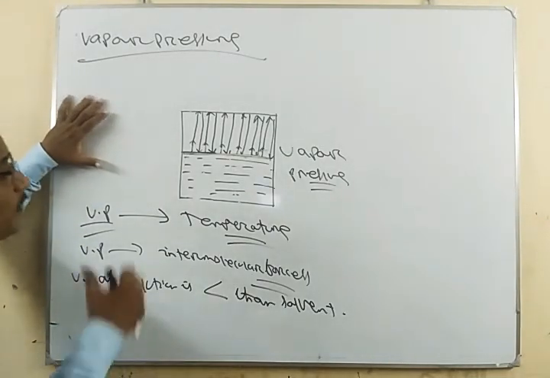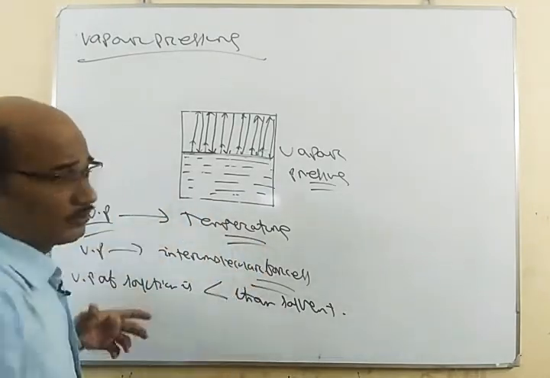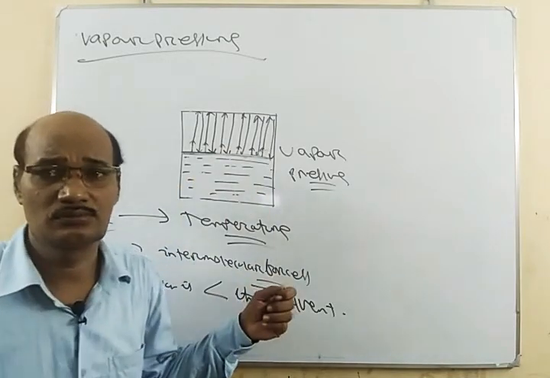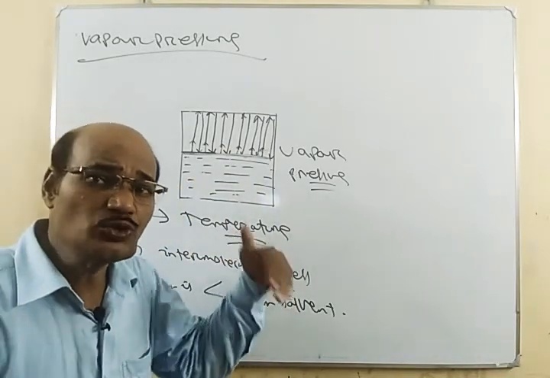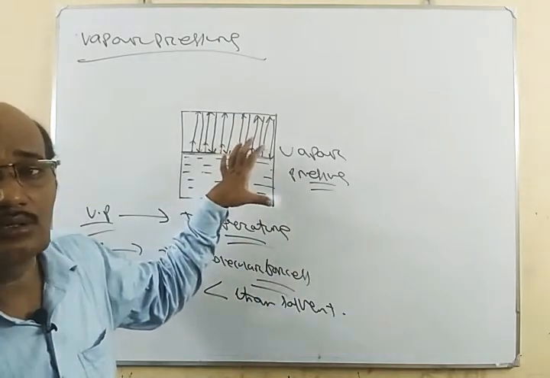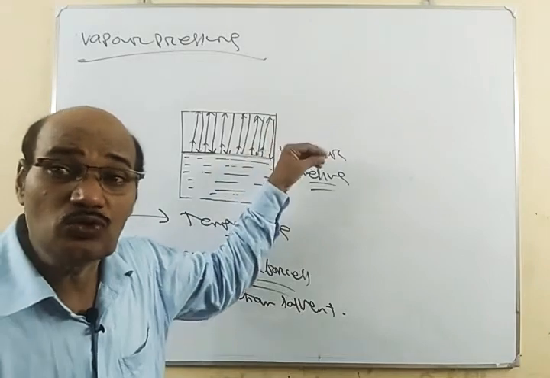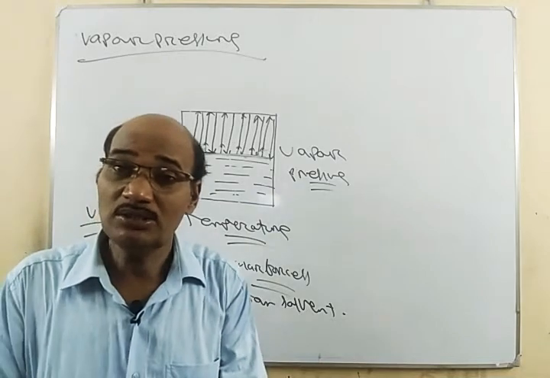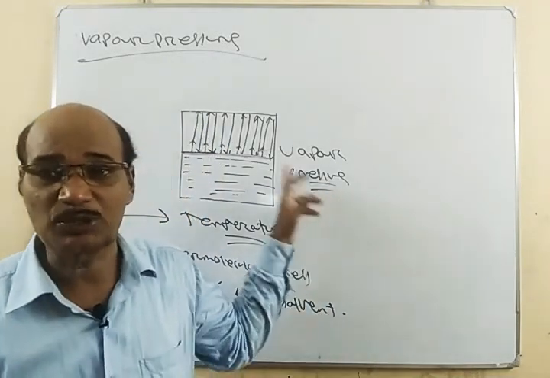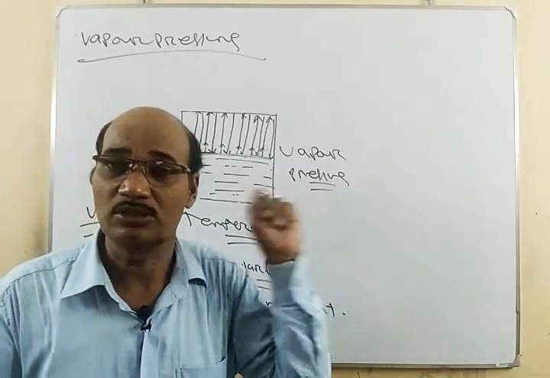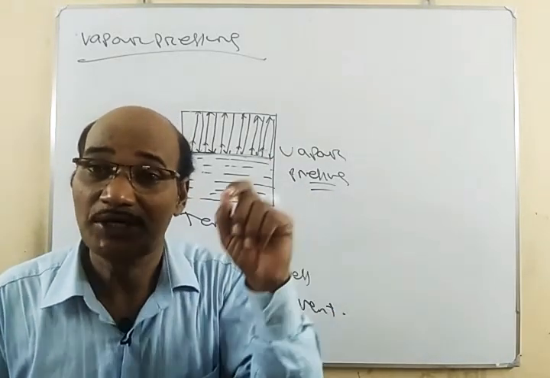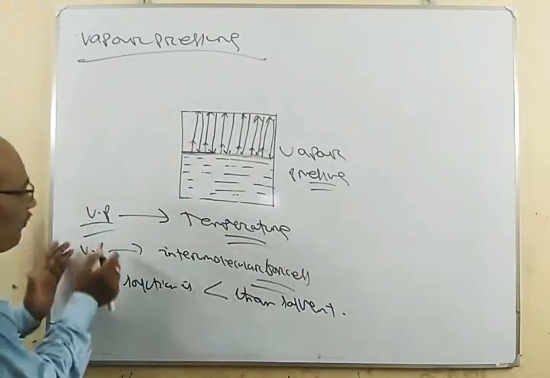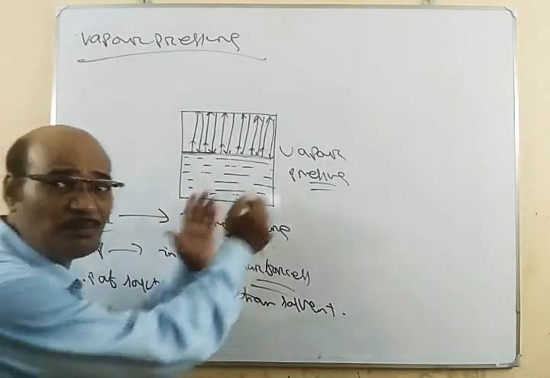Now, if you increase the temperature, the vapor pressure of the liquids will increase. Okay, and gradually the vapor pressure of the liquid will be equal to the atmospheric pressure, and the temperature at which the vapor pressure will be equal to the atmospheric pressure is called the boiling point of that liquid. Generally, I have already told you the vapor pressure increases with the increase of temperature.